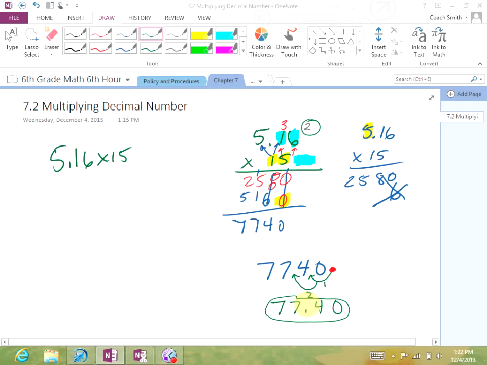Quade? No. For example, let's say I had that exact same problem, but it was this. So what is changed in that problem?